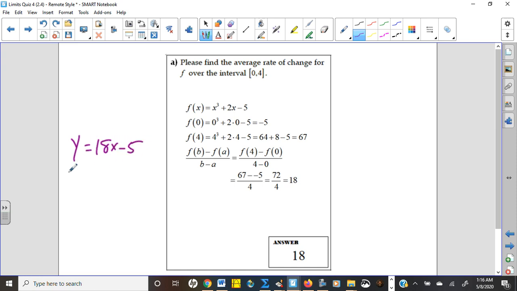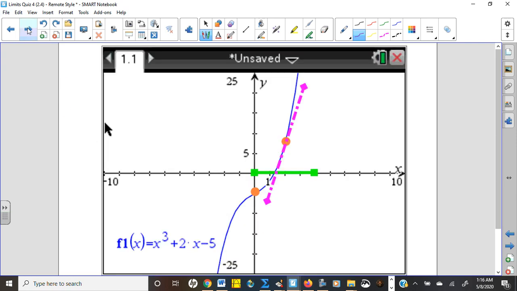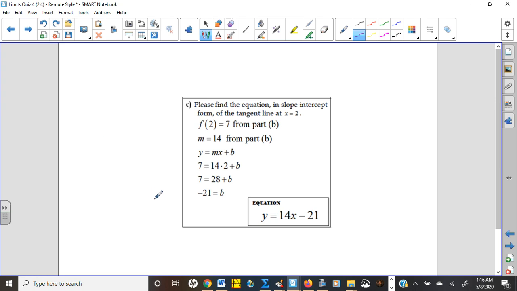And I will go ahead and graph that one for you in a better graph. And then we'll graph the tangent line, and we'll kind of see how they compare. So that's going to take us to part C. And in part C, it asked to find the equation of that tangent line at x equals 2. So the good news is we already found all the information we need.